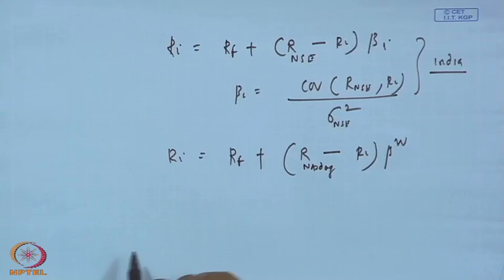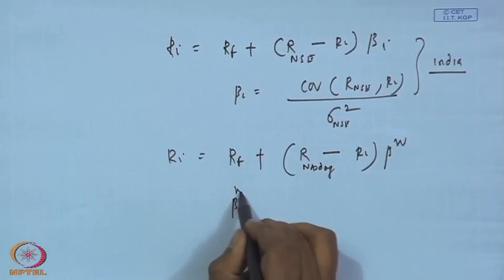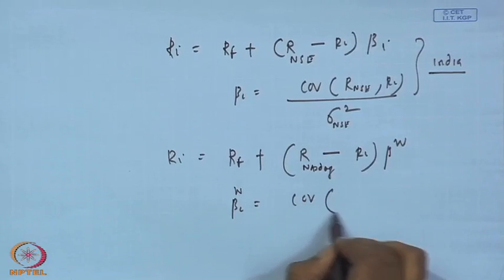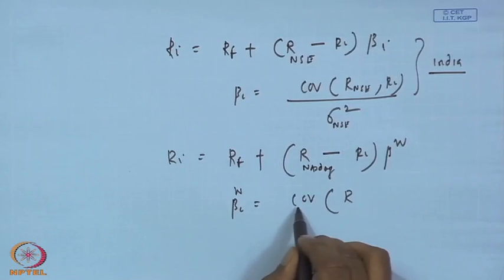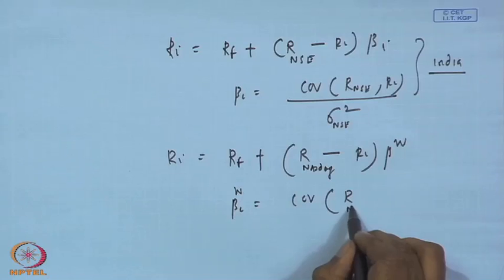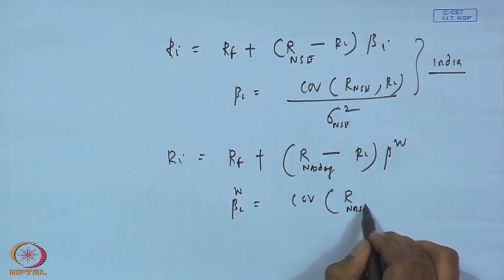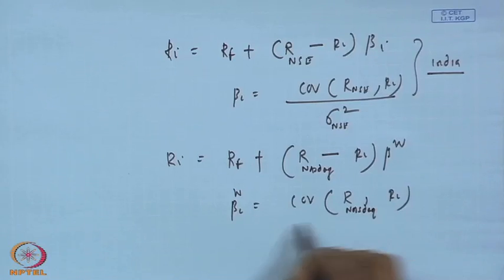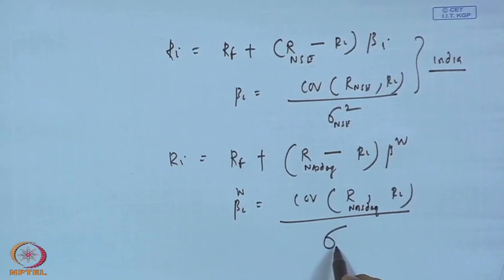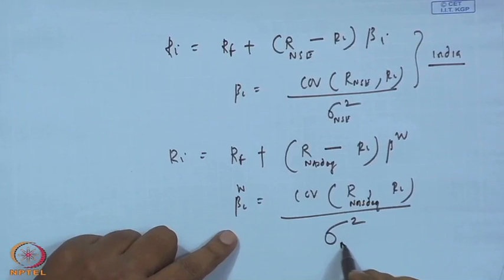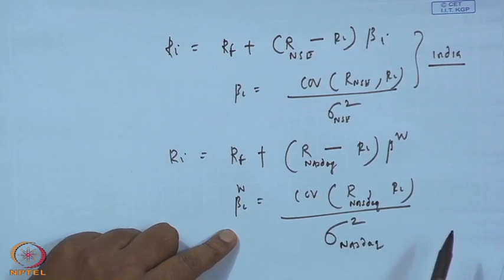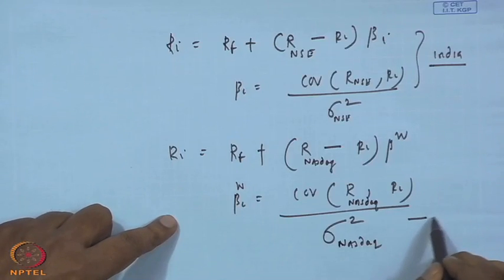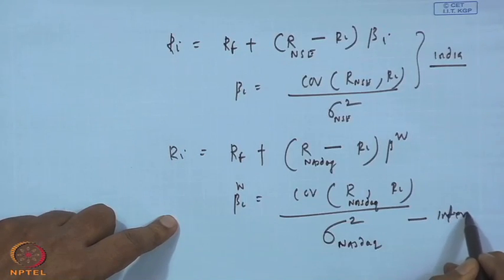So here also it is separate, and beta of world will be the covariance between the Nasdaq return and equity return divided by sigma square of Nasdaq. So it will be different, because here it is the international-level capital asset pricing model.